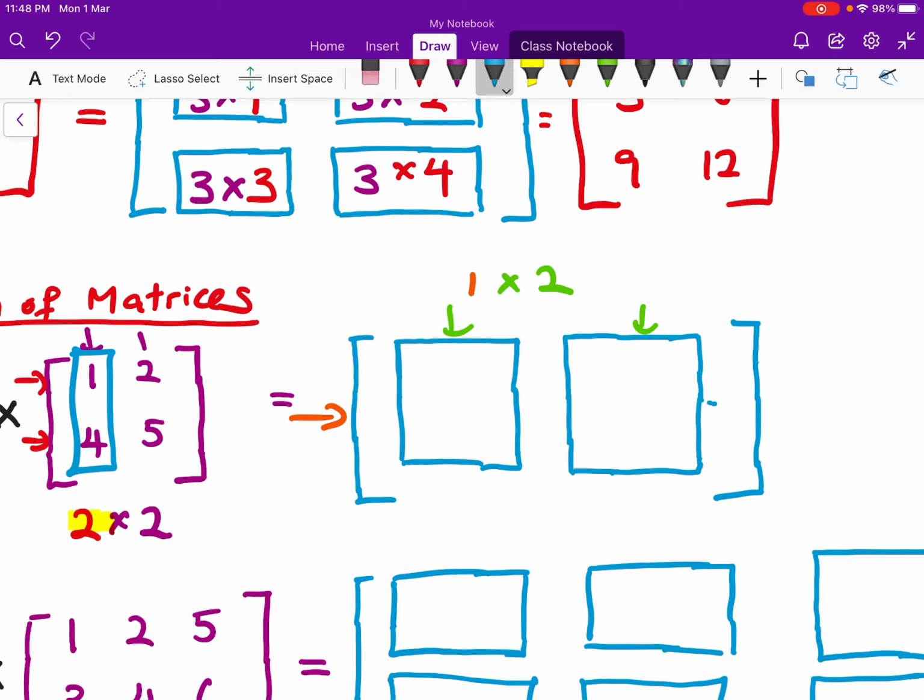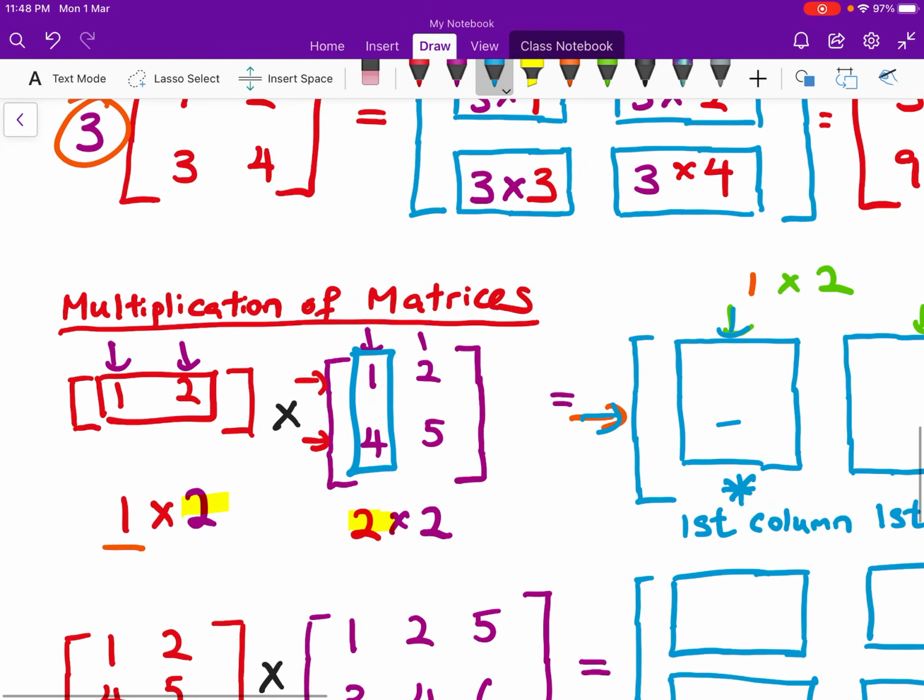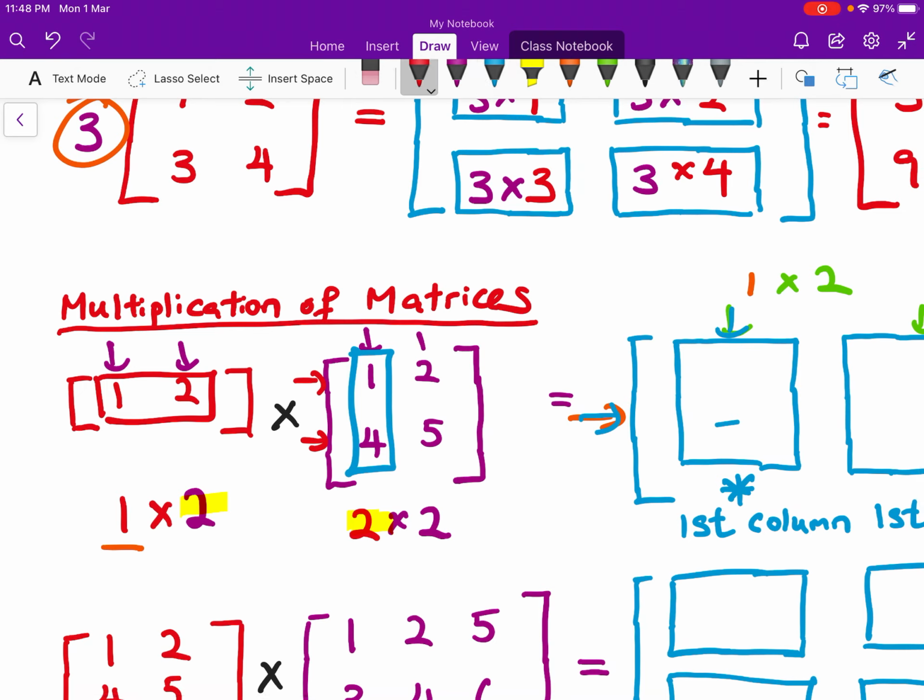You can see for the matrix, this is our first column and first row. So we just use the first column of your first matrix times the first row of your second matrix.